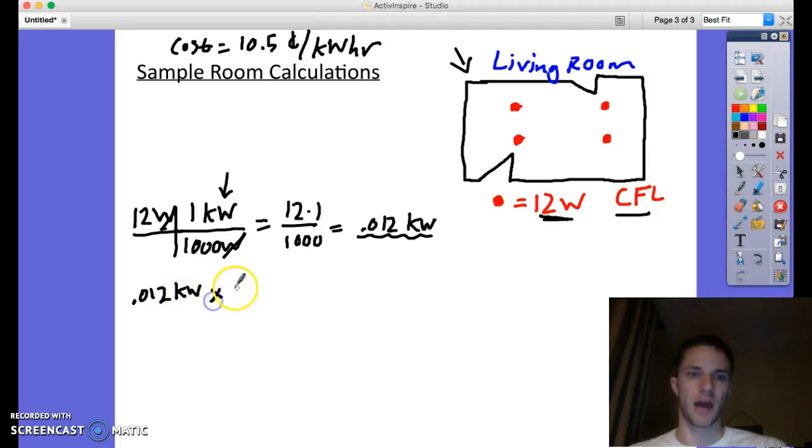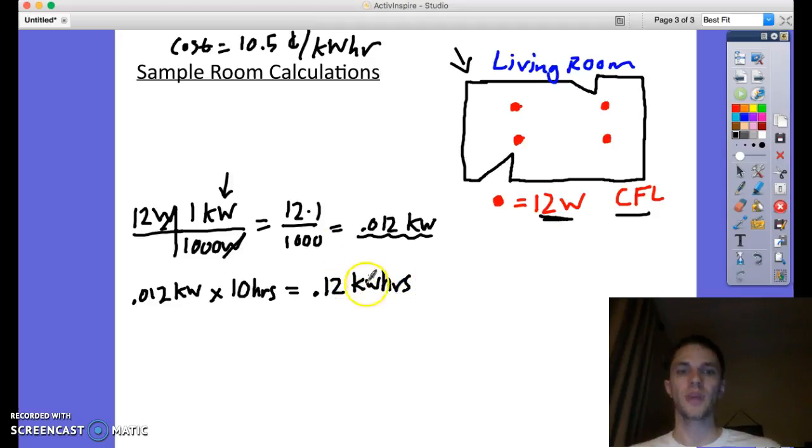I'm going to say about 10 hours per day that this light bulb gets used. You need to make the approximation for your house and the lights that you are using. How many hours a day are those lights going to be used? I'm assuming it's going to be about 10. So when I multiply those numbers together, I get 0.12 kilowatt hours. That is for 1 day's use of electricity.